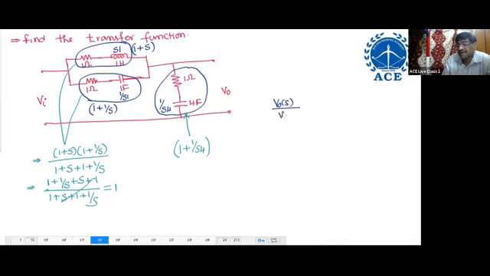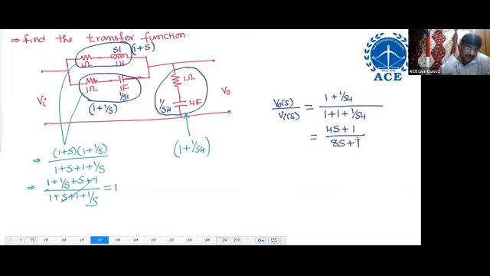V0 of S by VI of S equals the impedance across the output, 1 plus 1 by SC, divided by the total circuit impedance, 1 plus 1 plus 1 by SC. So what is the answer? 4S plus 1 over 8S plus 1. So here the order is first order.